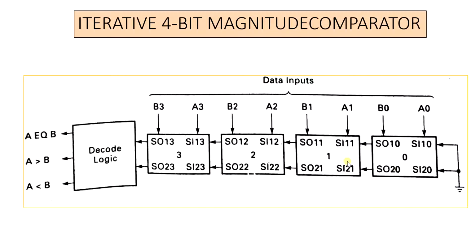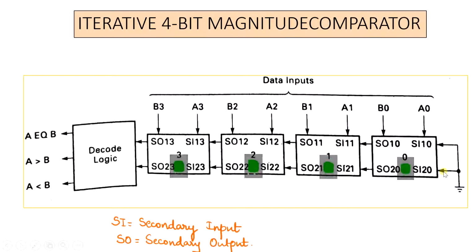comparator. So here you can see that we have made use of 4 cells, and I have represented the 4 cells as cell 0, cell 1, cell 2 and cell 3. So this is the boundary input and this is the boundary output.